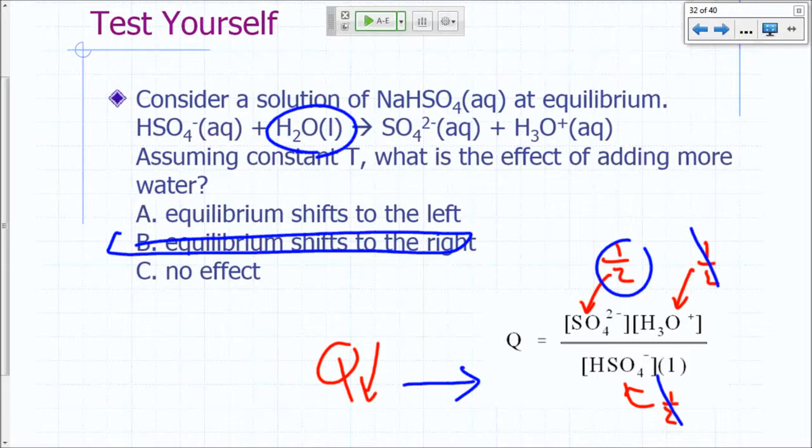Okay. Here's a way of looking at it in terms of the system counteracting what you're trying to do. What is it you're trying to do when you add more water? You're just making the solution more dilute, right? More water makes the solution more dilute. So what the system tries to do is to counteract that, is to make more solutes. So here you have 1 mole of solute on the left being replaced by 2 moles of solute.